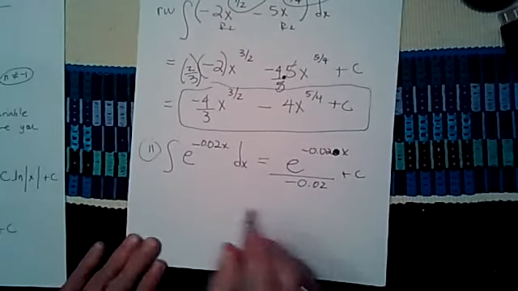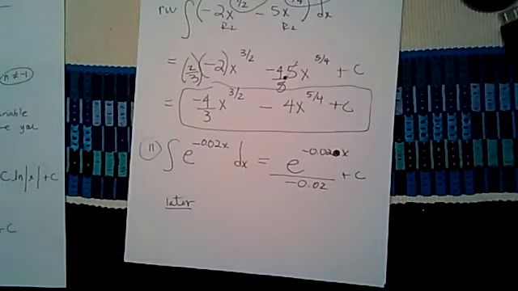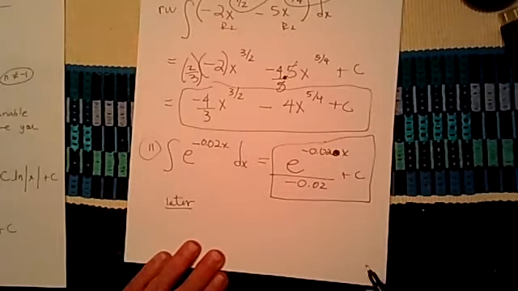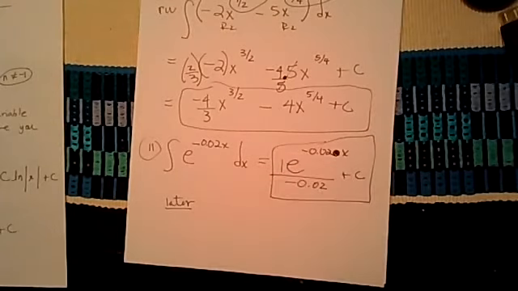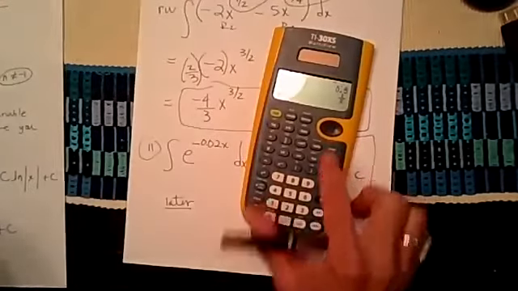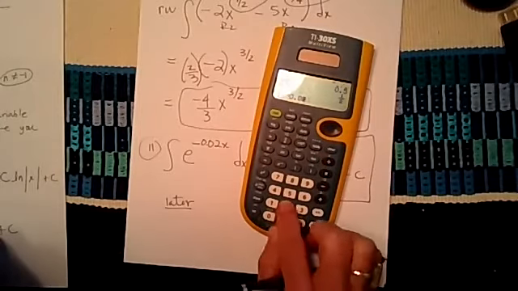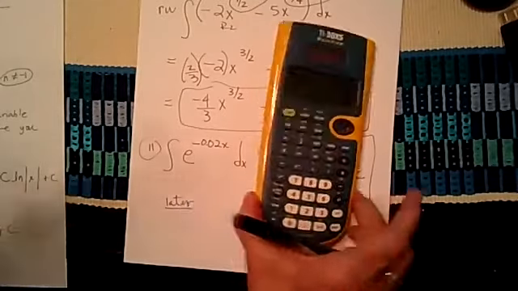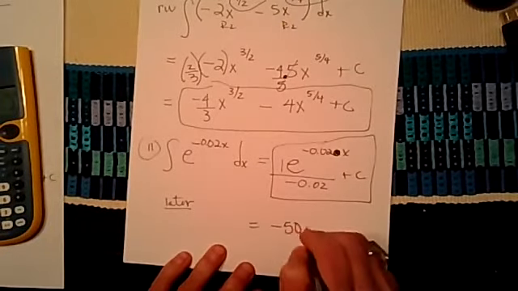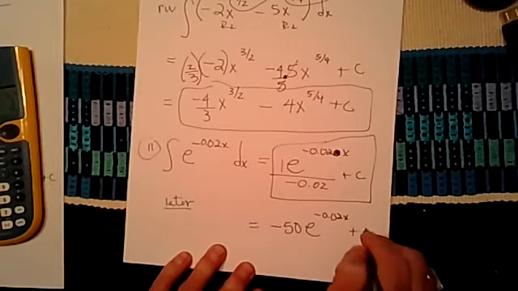But I want to show you, maybe for later, when we're plugging things into our calculator, remember this answer is absolutely fine. But if I put 1 divided by negative 0.02, it gives me negative 50. And so I might call that negative 50 e to the negative 0.02x plus c.